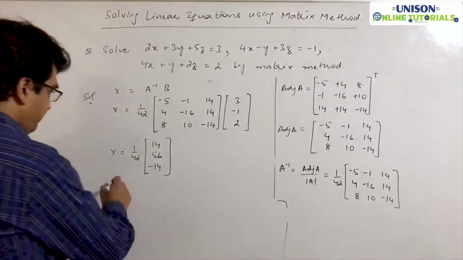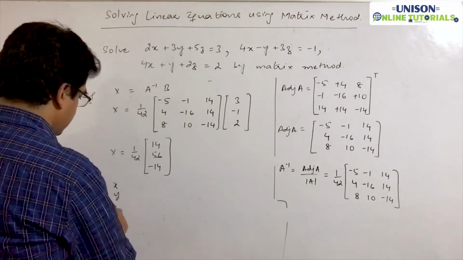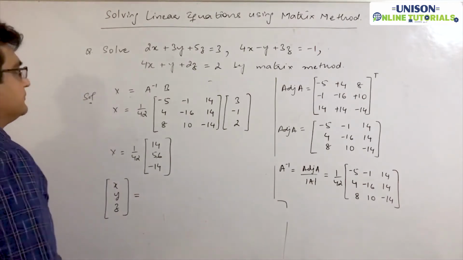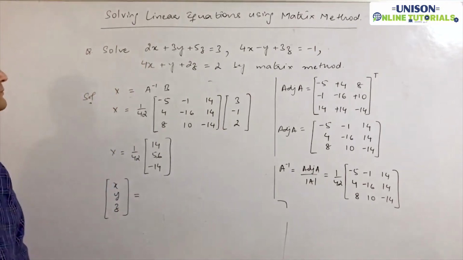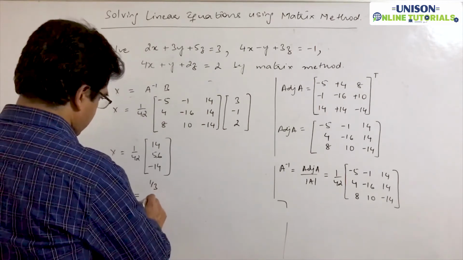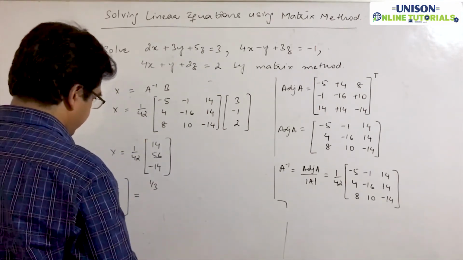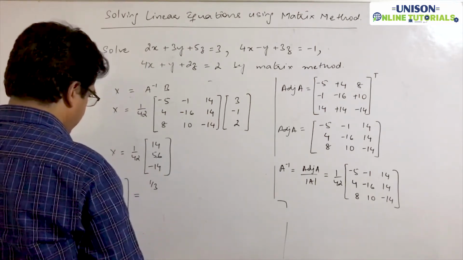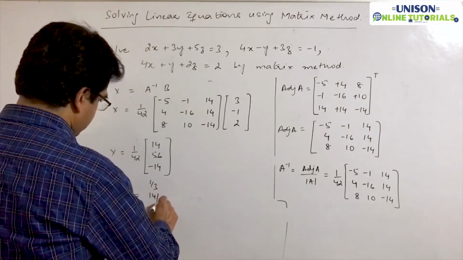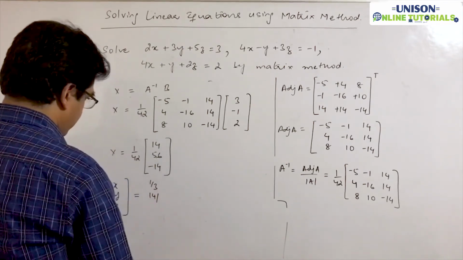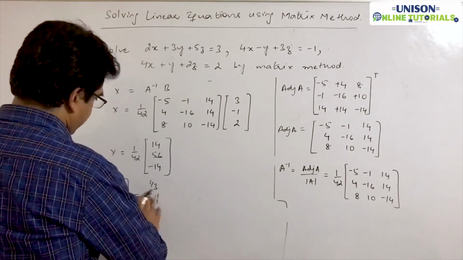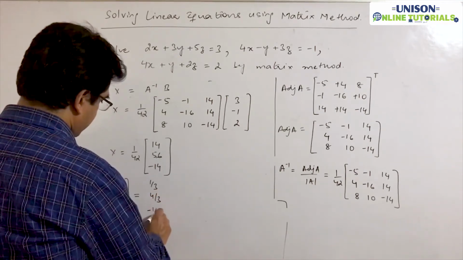So we will get the values x, y, z. 14 by 42, 56 by 42, and minus 14 by 42. That means 14 upon 42 is 1 by 3, 56 by 42 is 28 by 21, which is 4 by 3, and it is minus 1 by 3.